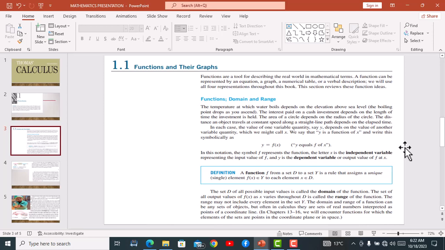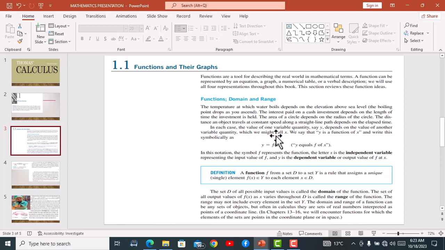So what we are trying to stress here is the functional relationship happening between two things. In all of these cases, the value of one variable quantity, which we can say is y, depends on the value of another variable quantity, which we might call x.